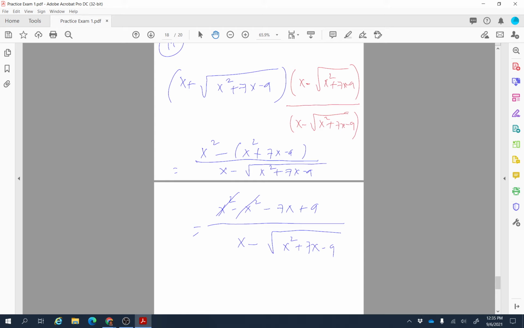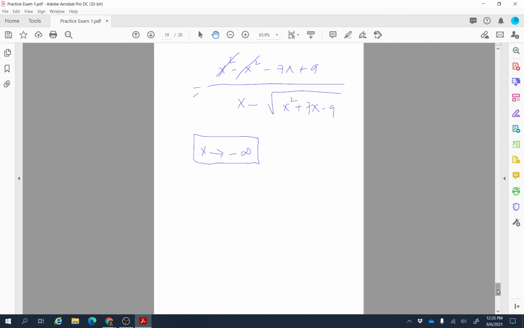So if we try to find the limit of this expression when x approaches negative infinity, you can find it by comparing, because the degree on the top is 1 and the degree on the bottom is also 1. So you can simplify this. For simplification, you can just divide the top and bottom by x. What I can do is factor out x from the top, which gives me negative 7 plus 9 over x.